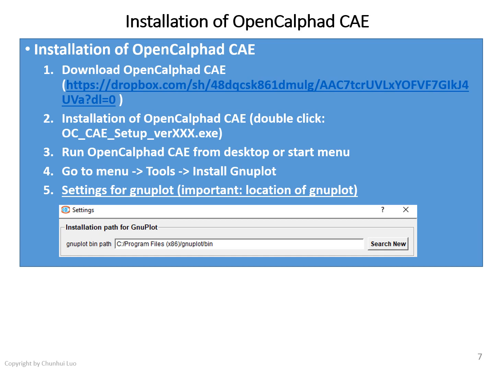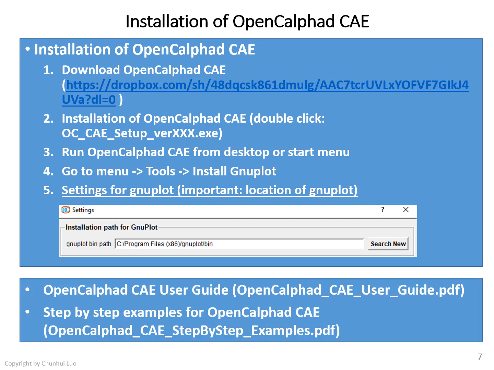Step 4. Go to Menu, then Tools, then Download and install GNUplot. Step 5. Check the settings for GNUplot through Menu, then Tools, then Settings. The important thing is the location of GNUplot. You may also download 2 PDF files.